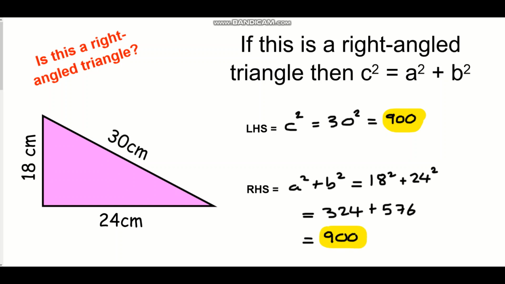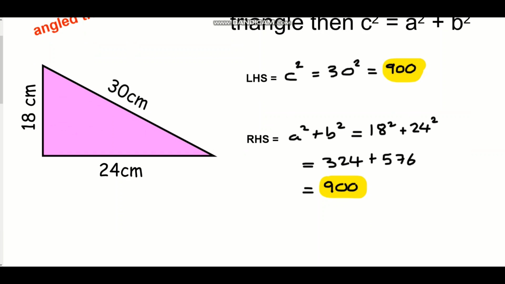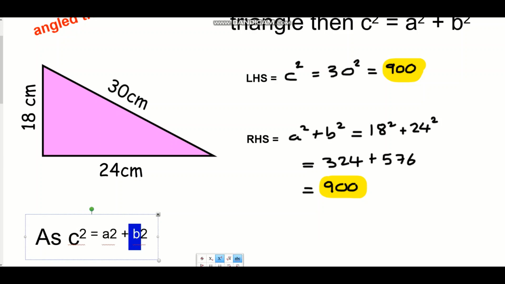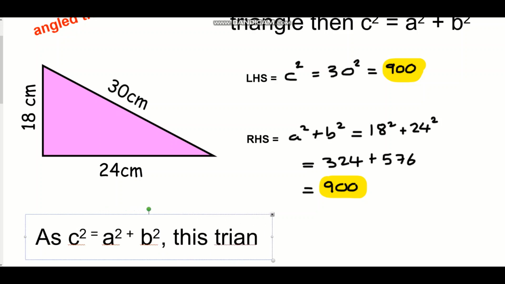So right here, we can make the conclusion: as c squared is equal to a squared plus b squared, this triangle is right angled.